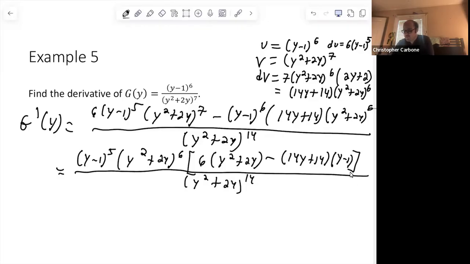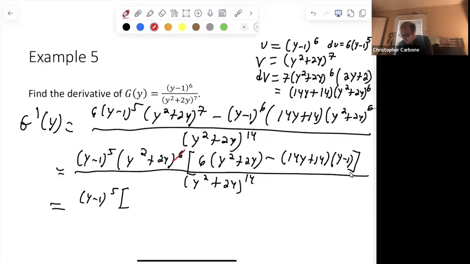We could slightly simplify by canceling out a little bit with the denominator and simplifying inside of the bracket that we have. So (y minus 1) to the 5th times, just to point out what I'm doing very quickly, this disappears entirely, and this becomes 6 minus 14, which will make an 8.